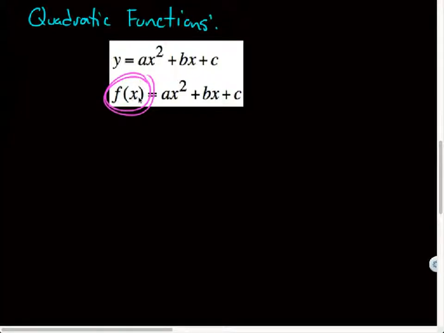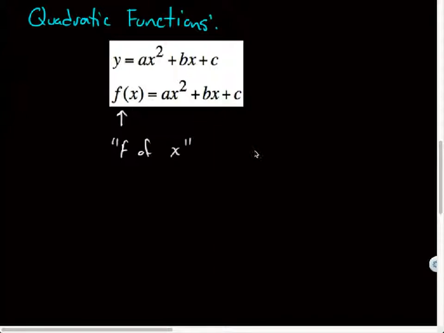Yeah, excellent. This is read as f of x. It's the same as y. f of x is synonymous with y. It's just a different notation. It's saying the function f's value when I plug in a number for x.